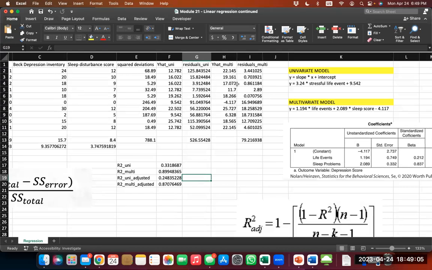And then we do the same analysis for the multivariable model. We're using 1.94 multiplied by life events. That comes from here. We have 2.089 multiplied by the sleep score, comes from here, minus 4.117, which is the intercept or constant in the software output. Using this prediction, we're basically calculating the difference. We're squaring this, we're summing it up. We're getting a leftover residual error.